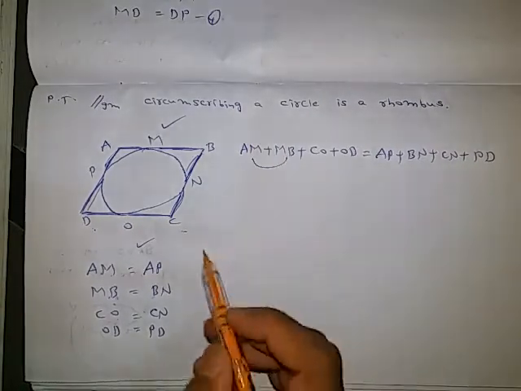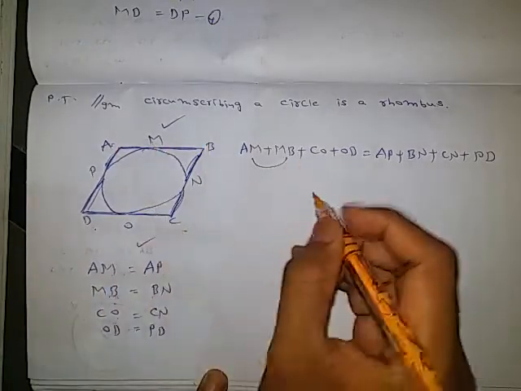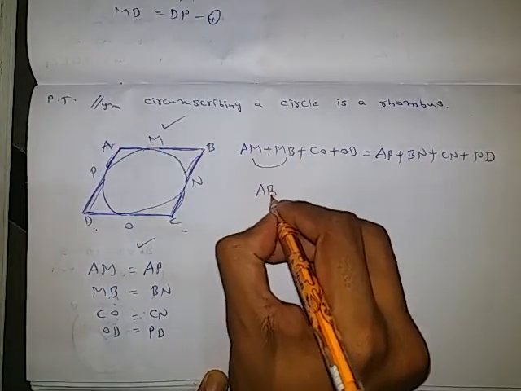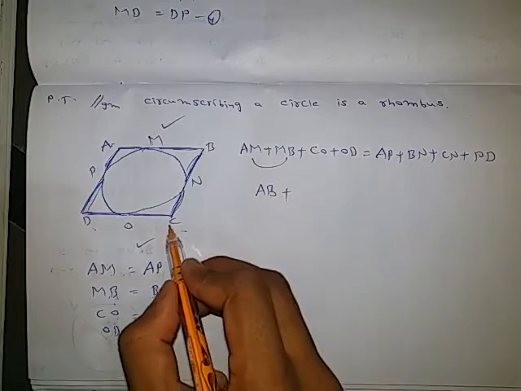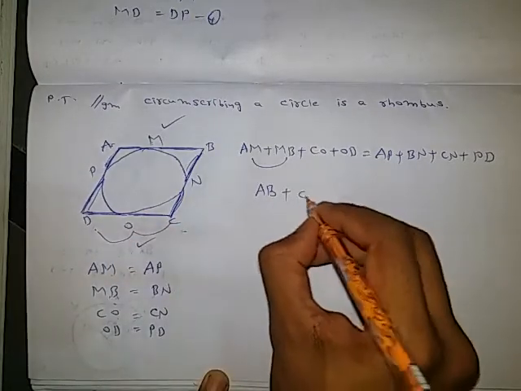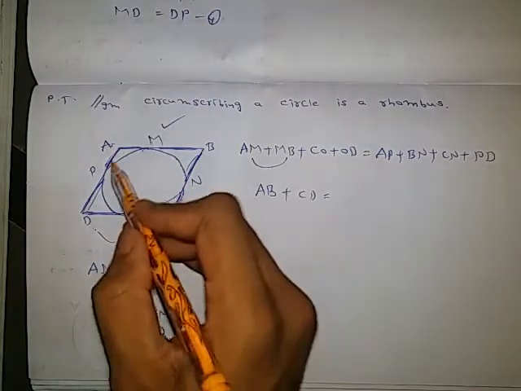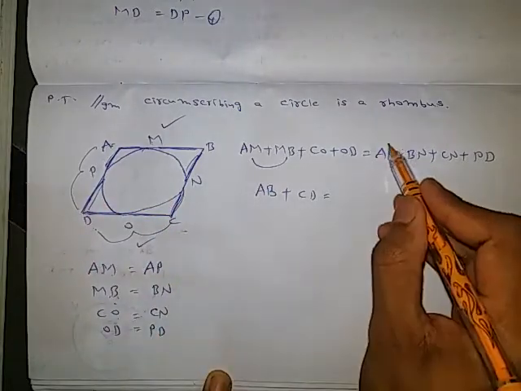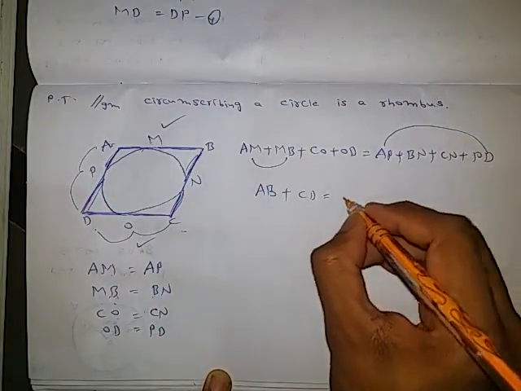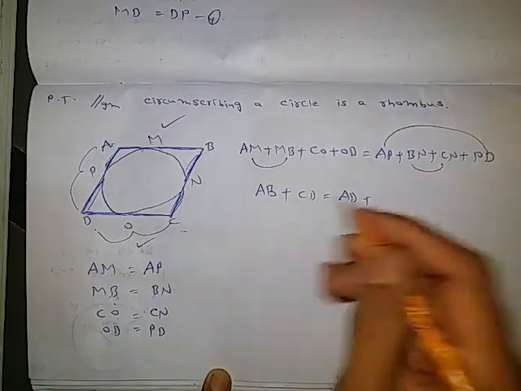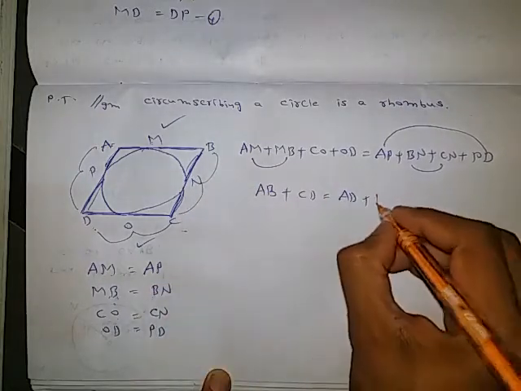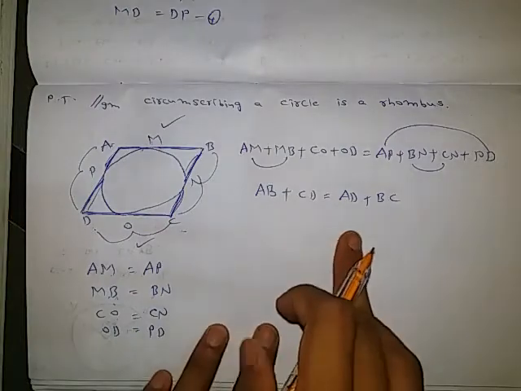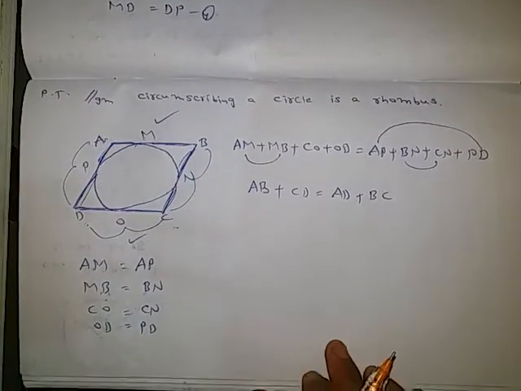AM plus MB, AB, plus CO plus OD, CD, is equal to AP plus DP, AD, plus BN plus CN, BC. Next, now till here exactly what we solved in the previous question. Now from here onward we just need to extend it more.